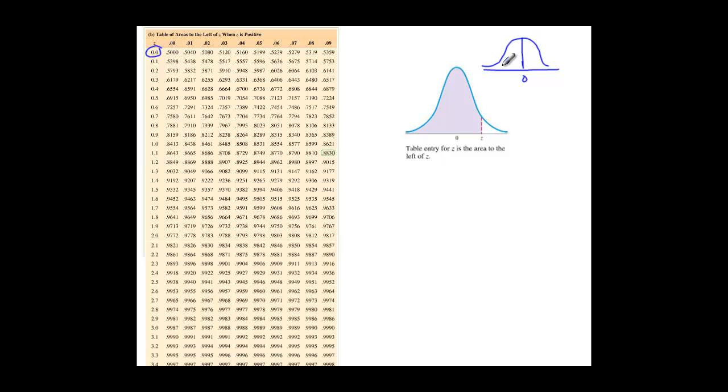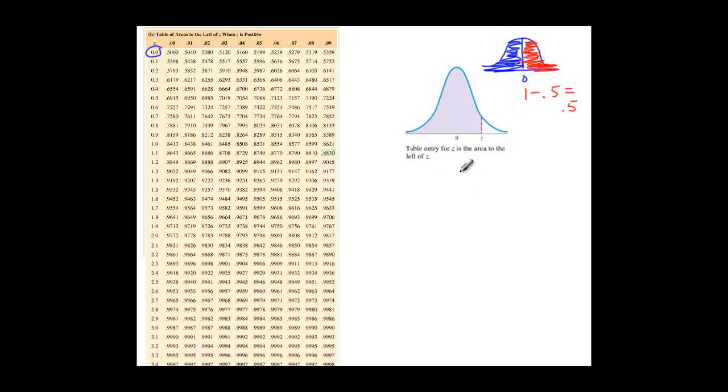That would be half of the data to the left, 0.5, so the area would be 0.5. And that would also be true of the area to the right. If we wanted the area under the curve to the right of that z-score, it's also 0.5, because 1 minus the 0.5 we had already found leaves me with 0.5.